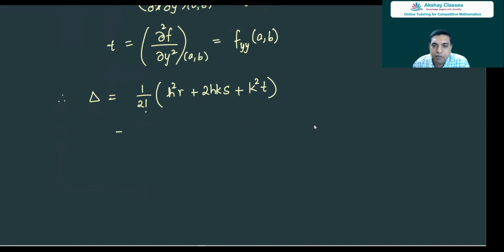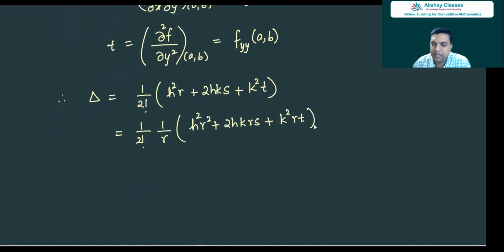Now what we can do is multiply and divide by r or t, it doesn't matter. So when we multiply and divide by r, we get this.